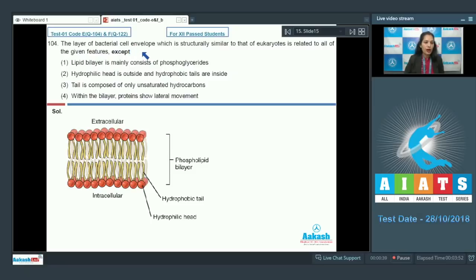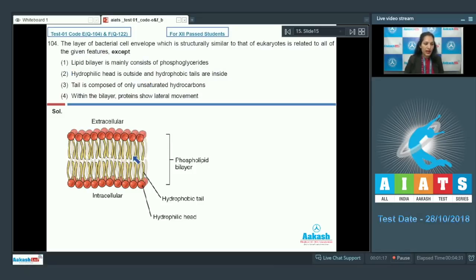So the layer of the bacterial cell envelope which is structurally similar to that of eukaryotes is the plasma membrane. In bacteria, the cell envelope has 3 layers: the glycocalyx, outermost; the cell wall, inner to it; and the cell membrane. The cell membrane, the innermost layer of the cell envelope, is structurally similar to that of eukaryotes. The features of the plasma membrane are given below. Three of them are correct and you need to choose the incorrect one.